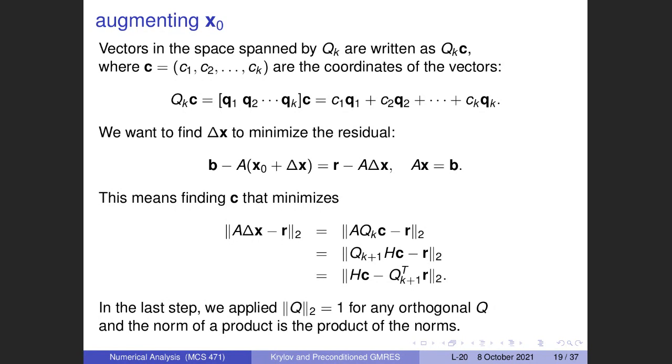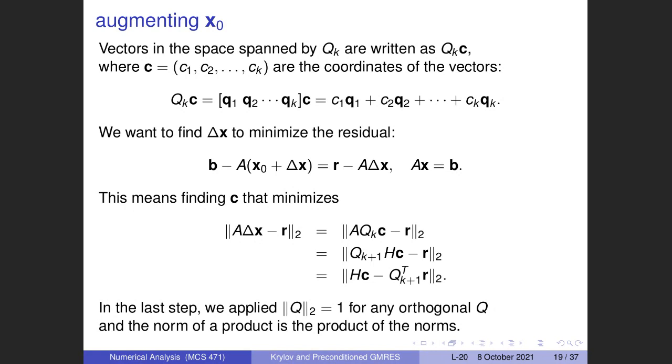So we want to solve this linear system still, but we are using only the first k columns, and an orthogonal basis spanned by these columns.